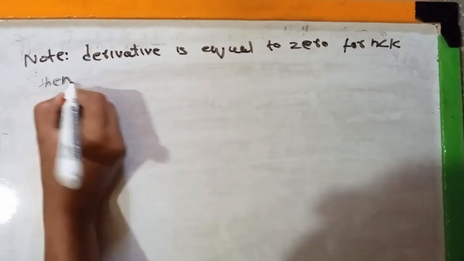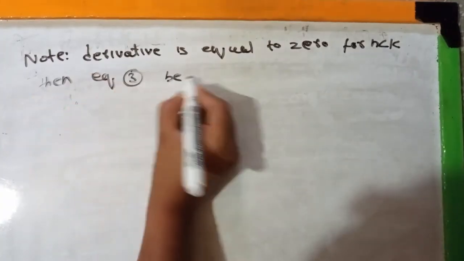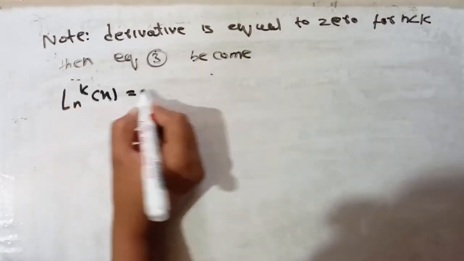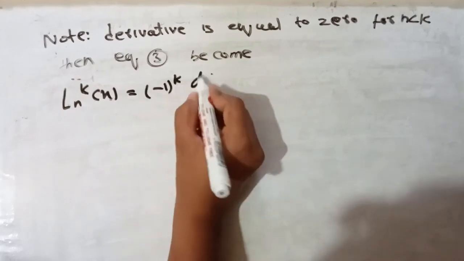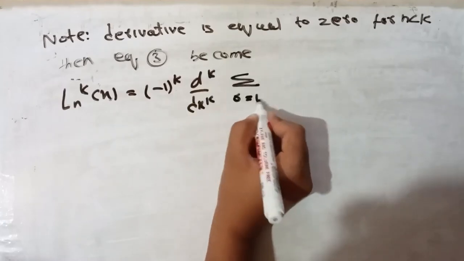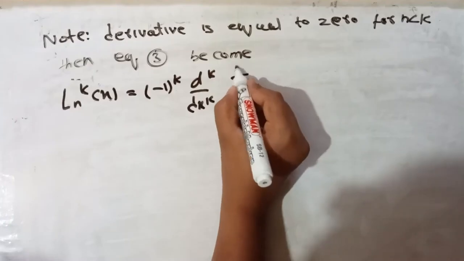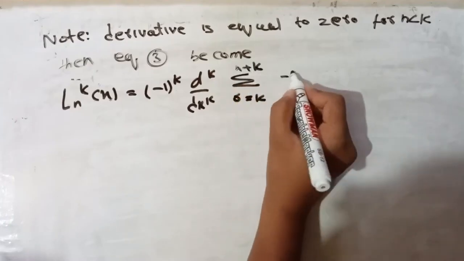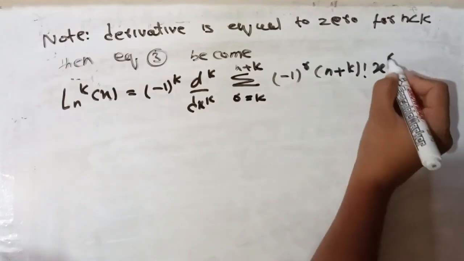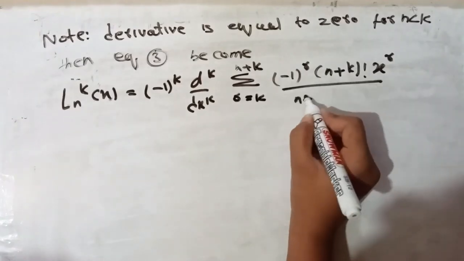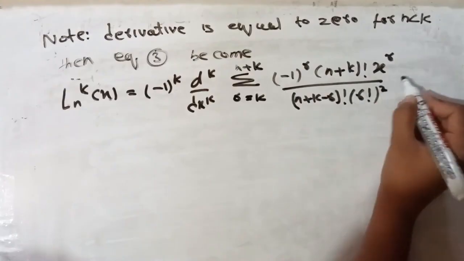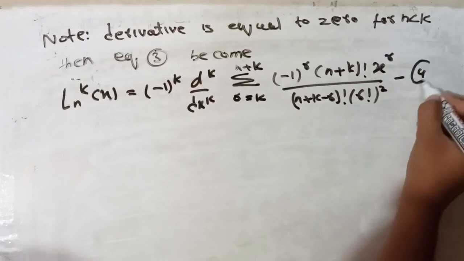Then equation 3 becomes L_n^k(x) is equal to (-1)^k times the kth derivative of the summation r is equal to k to n plus k of (-1)^r (n+k)! x^r over ((n+k-r)!)² r! with respect to x. This is equation number 4.